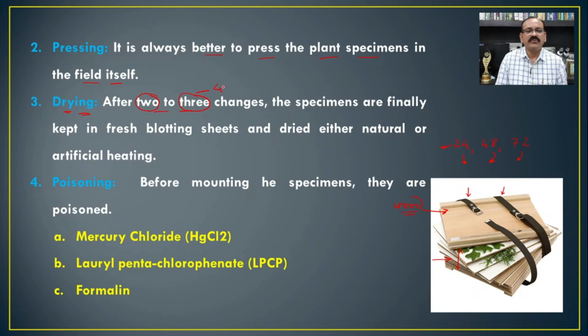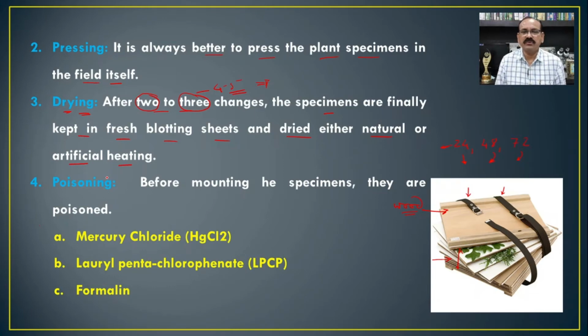Up to 4 to 5 changes are required for the plants, and if the plant is succulent, even more time will be required. The specimens are finally kept in fresh blotting sheets and dried either naturally in sunlight or by artificial heating with the help of an oven.